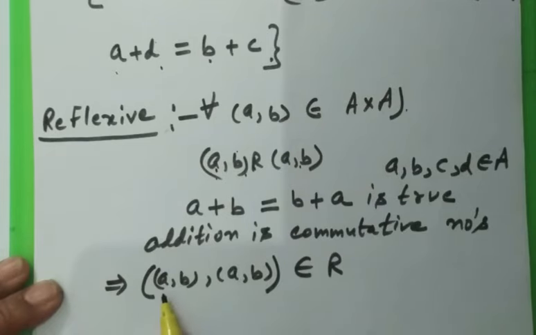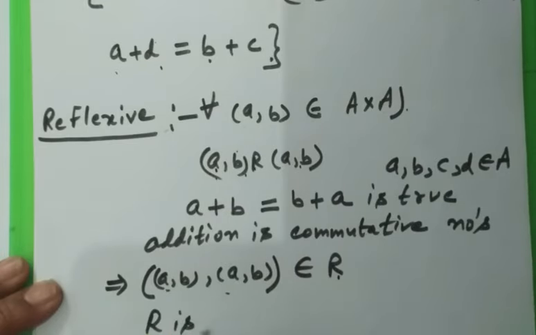That means we have already shown that all such ordered quadruplets where the first ordered pair and second ordered pair are the same belong to the relation R. So we have seen that relation R is reflexive.